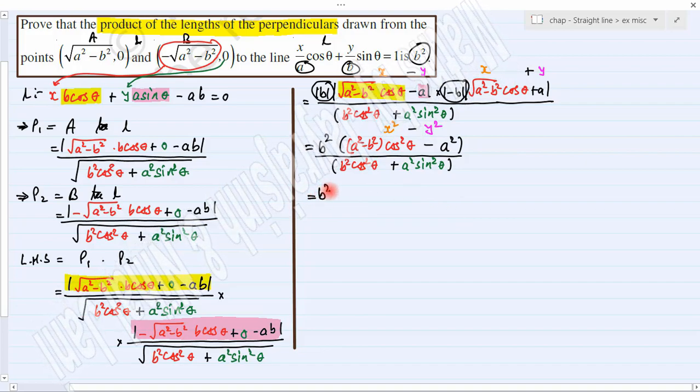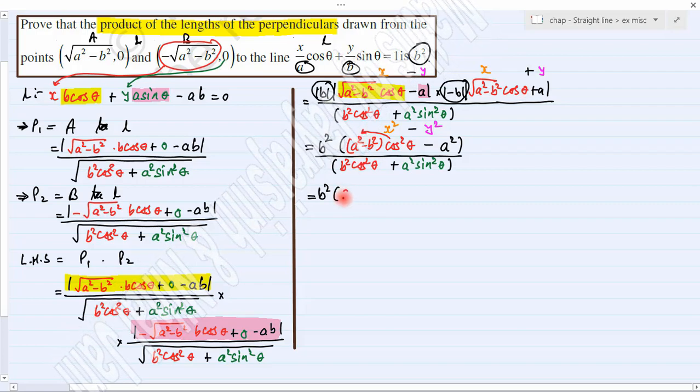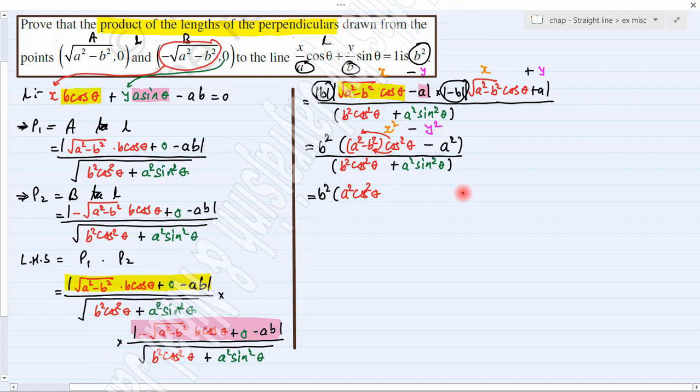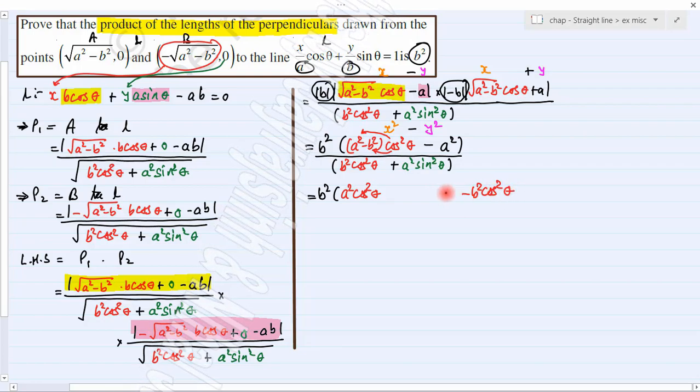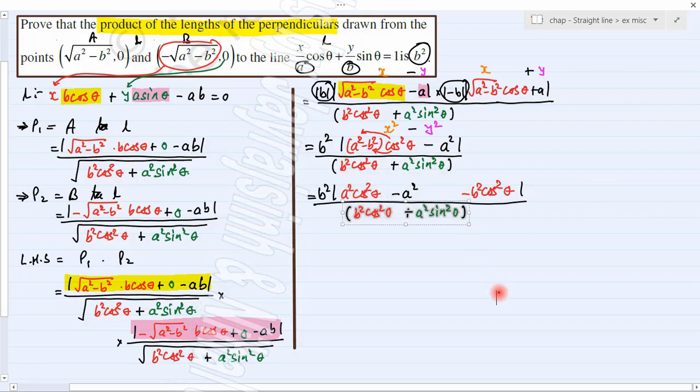Now, in further simplification, we can multiply this cos square theta with a square. We'll get a square cos square theta, and cos square theta multiplied with b square will give us minus b square cos square theta, and your minus a square will be as it is. Your denominator still remains as it is.